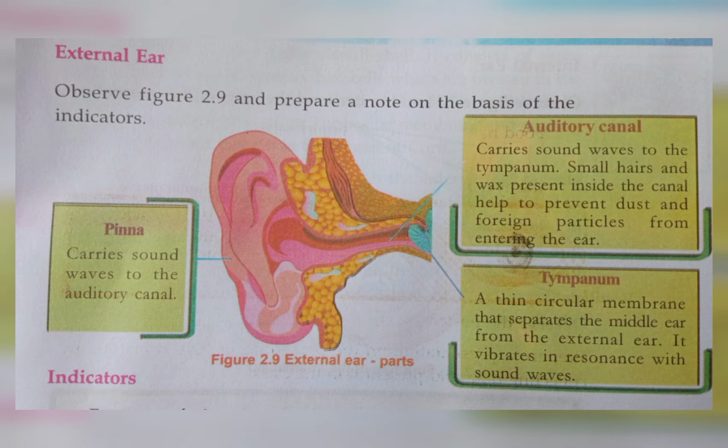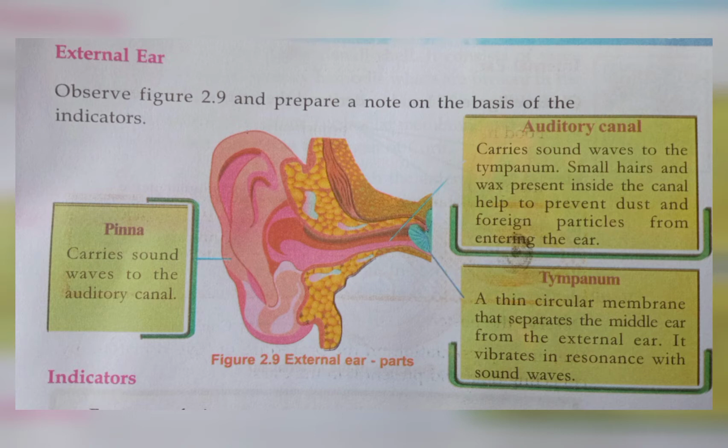The external ear contains three main parts: the pinna, the auditory canal, and the last one is known as the tympanum. This is the middle ear. It has three ossicles, malleus, incus, stapes, and one more tube, the extension tube.